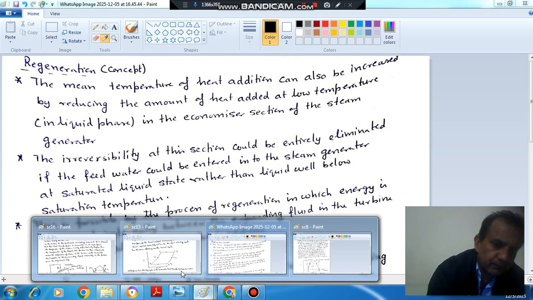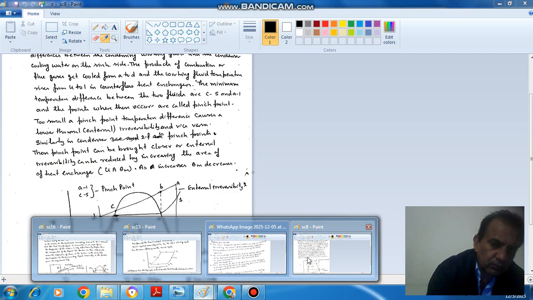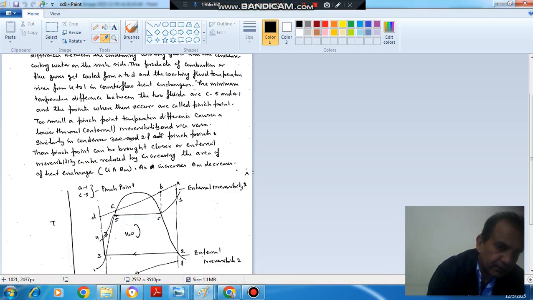If we are able to heat this water up to that point, then the water entering the boiler would be at higher temperature, at saturation temperature. So then this irreversibility can be eliminated.